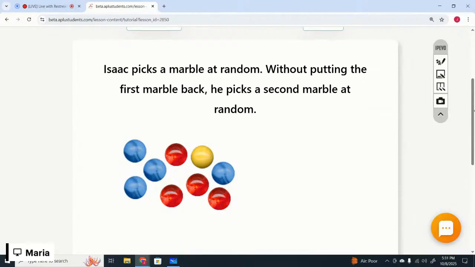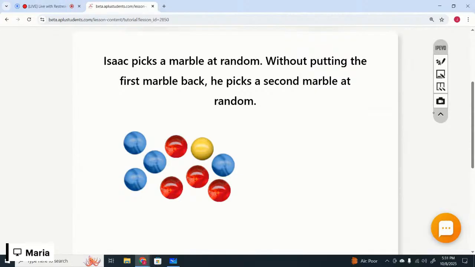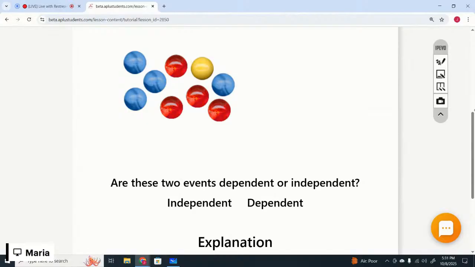Without putting the first marble back, when you pick the first marble, you have 9 marbles. The second time, you have 8 marbles. So when the outcomes for both events are different, that means they are dependent events. So both the events are dependent events.